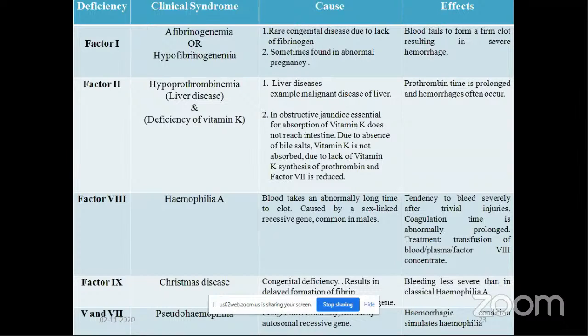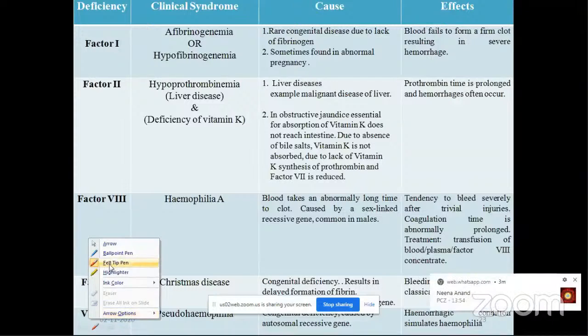Another important deficiency would be the deficiency of prothrombin, factor 2 deficiency, which is called hypoprothrombinemia. If it is less in amount, it causes hypoprothrombinemia, and this can occur in two important conditions.